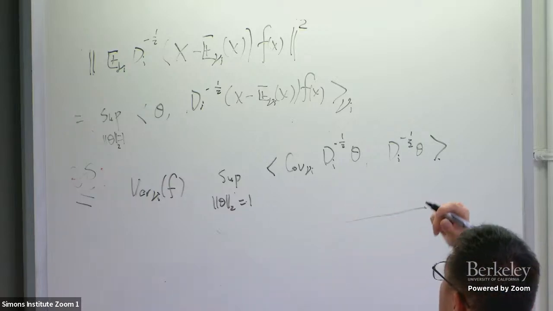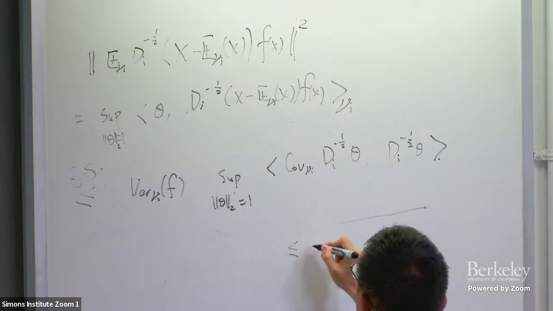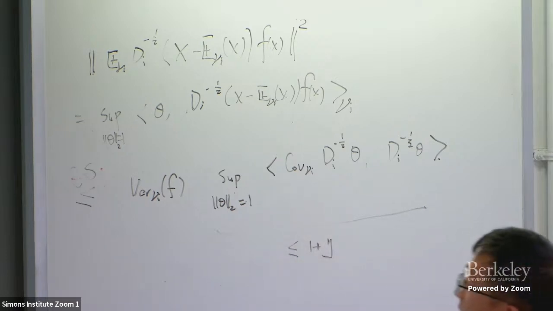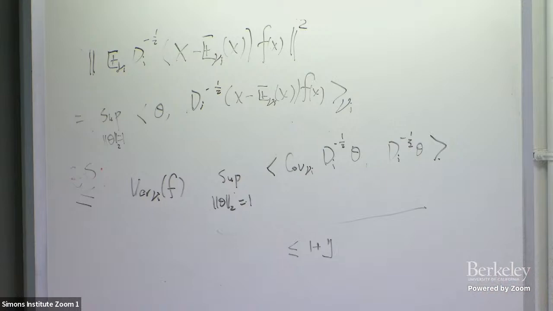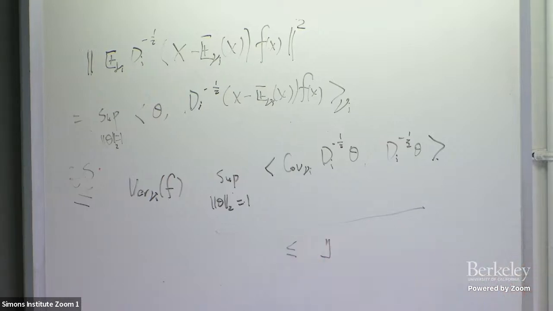The spectral independence condition is just saying that this quantity is 1 plus eta, or actually I assume it to be eta.